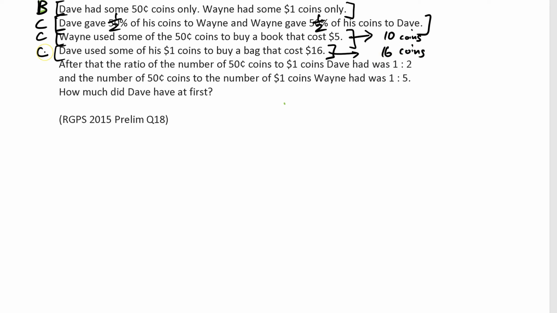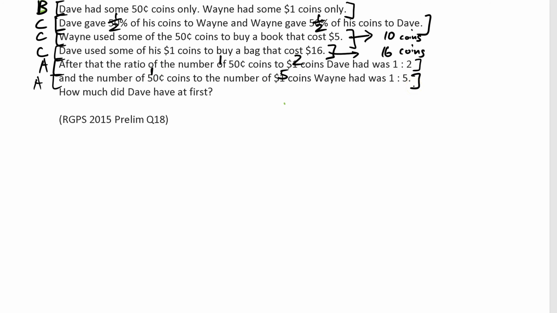These two also describe the change that each of them experienced. So after that, the number of 50-cent to $1 coins Dave had was 1:2. The number of 50-cent coins to $1 coins Wayne had was 1:5.